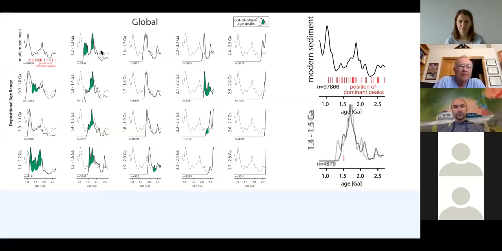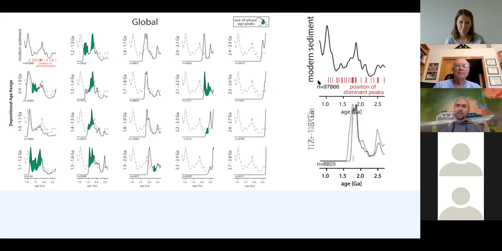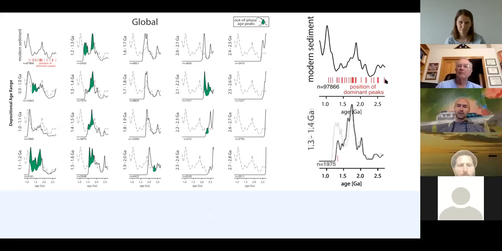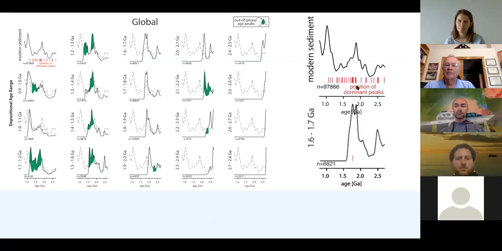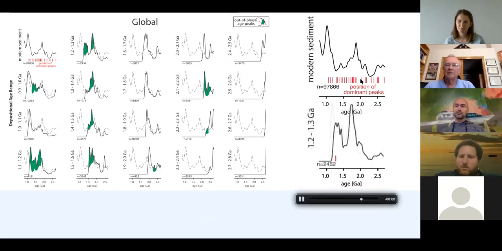So if we take all of these dominant age peaks, and I used a signal finder in a MATLAB tool to pick out the ages of these dominant age peaks and plot them all together, we see here these little red dashes. These are the positions of all of the age peaks through time from 2.7 to 0.8 GA.